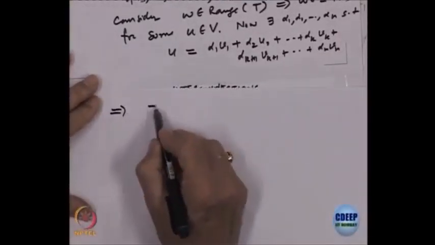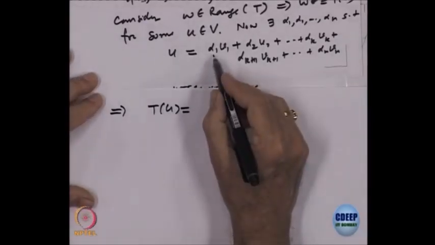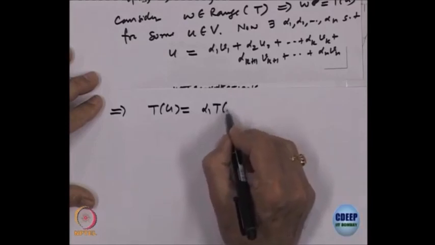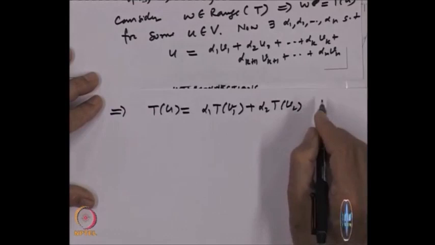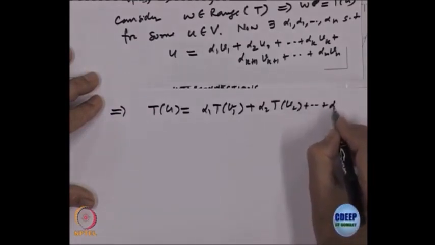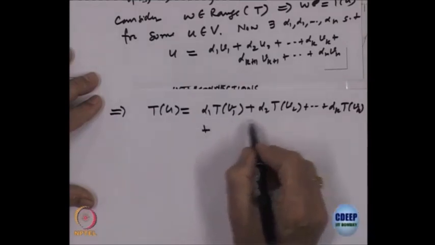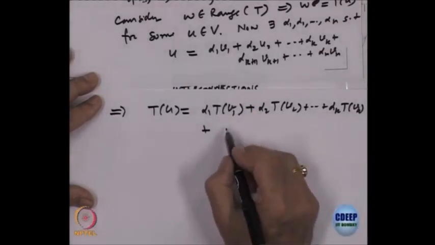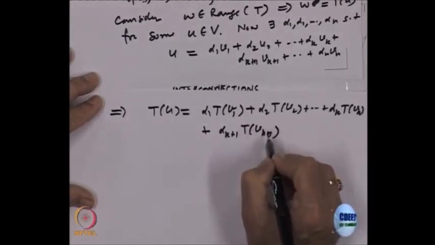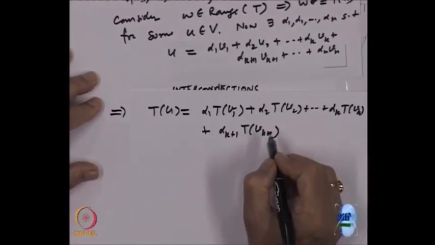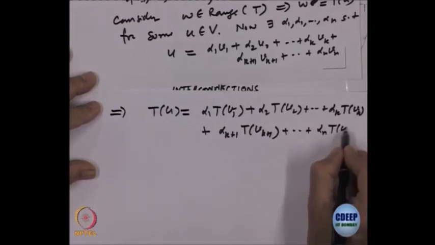By linearity, it will be alpha 1 T of V 1 plus alpha 2 T of V 2 plus alpha k T of V k plus, I am using linearity again and again, alpha k plus 1 T of V k plus 1, okay, plus alpha n T of V n.